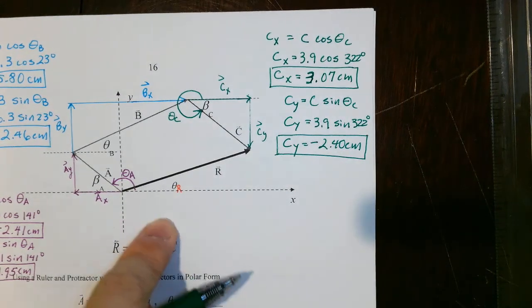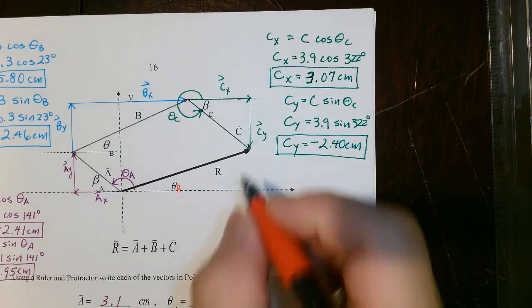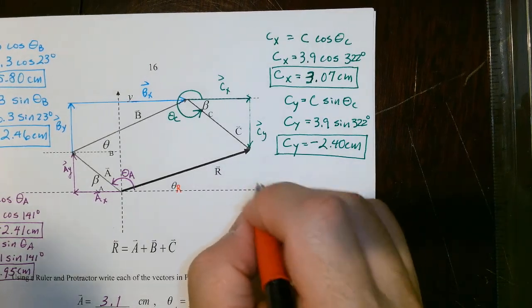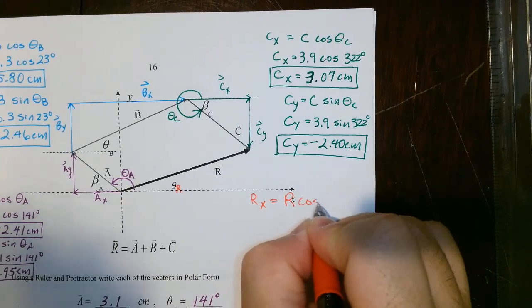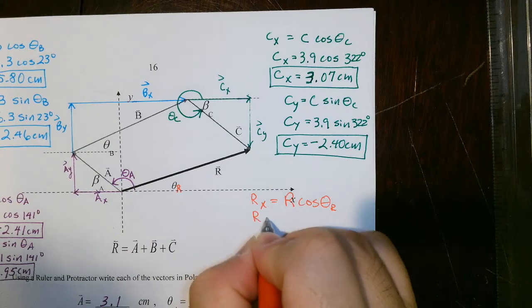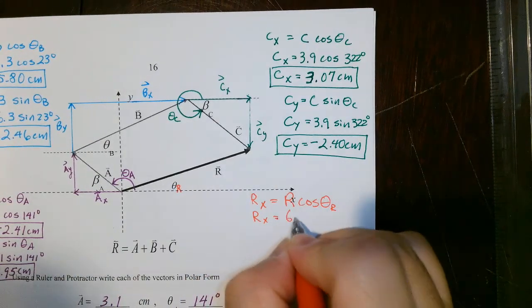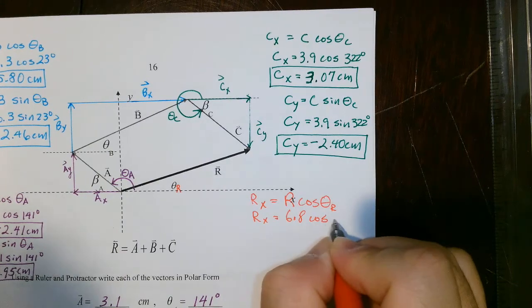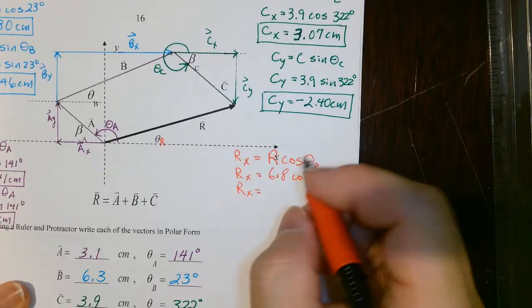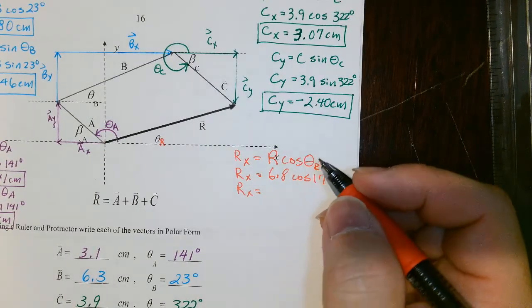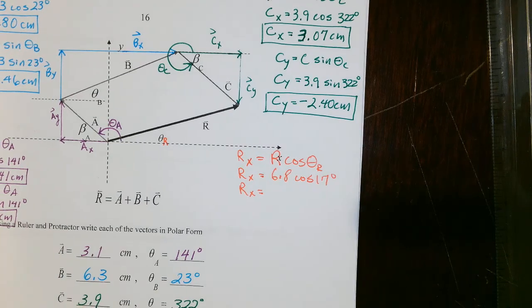Now, as far as RX and RY are concerned, you don't really have to do it, but let's do it anyway. Right? So here, your RX is equal to R times cosine of theta R. So your RX is equal to 6.8 times cosine of 17 degrees. And for your RX, I believe you get something like, what do you get? Let's see, 6.8 cosine of 17 degrees.